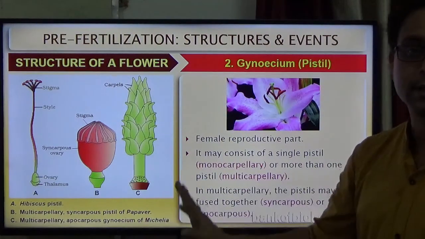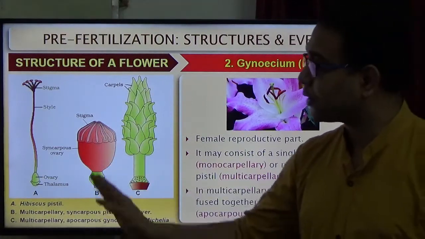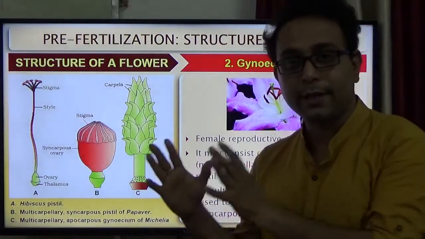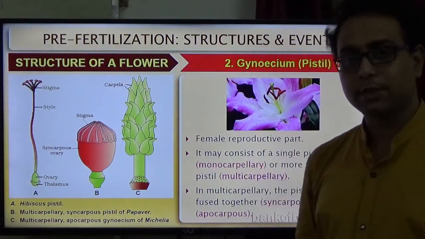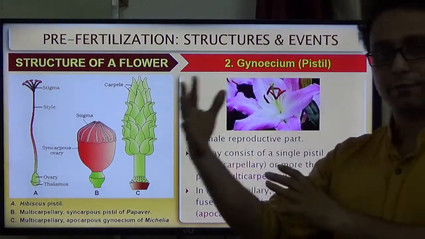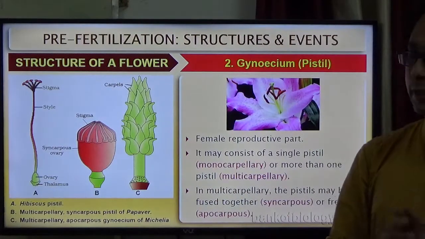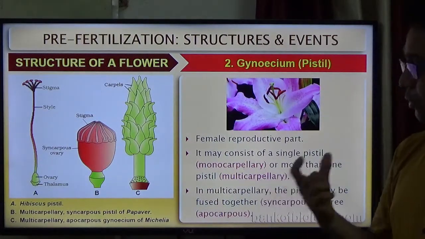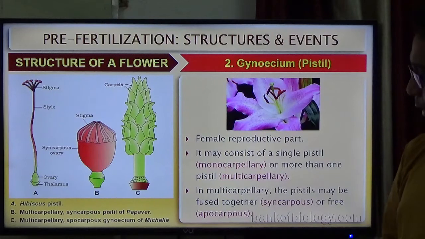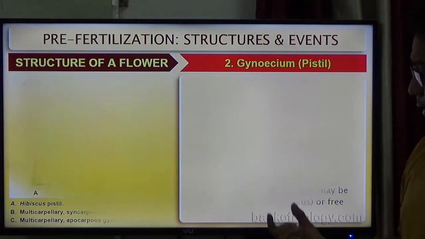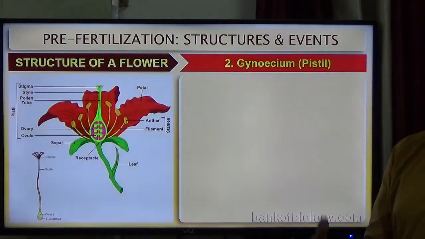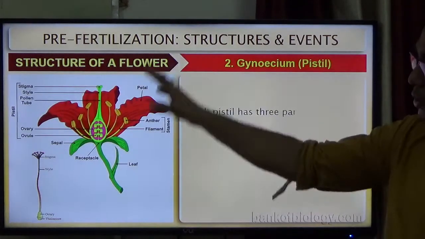Very important example. These three pictures are very important from your NEET point of view. They show the gynoecium, single unit pistil, whether it is free or fused. Already we discussed this, right? They show important terms like monocarpellary, multicarpellary, syncarpous or apocarpous.